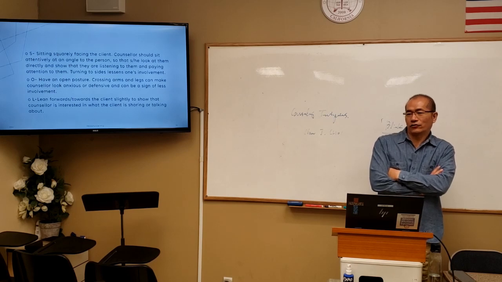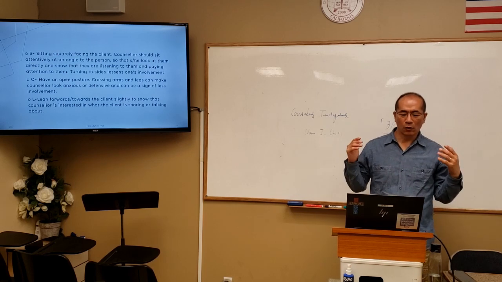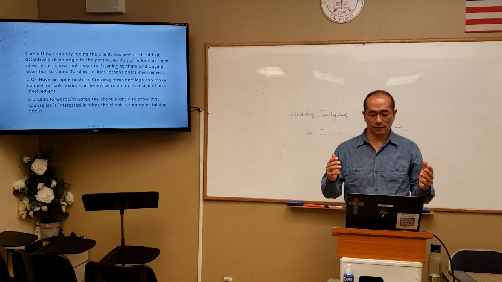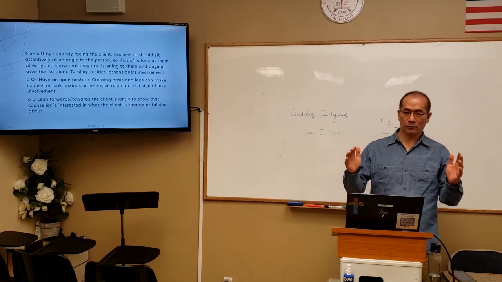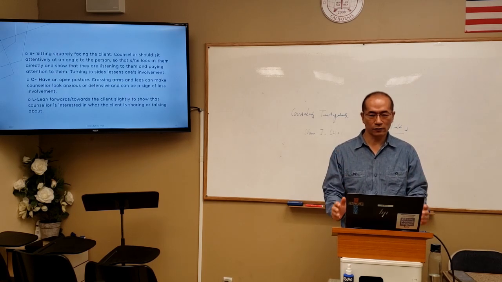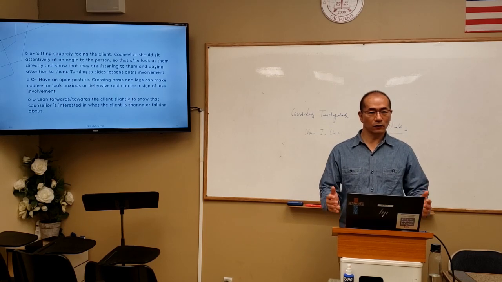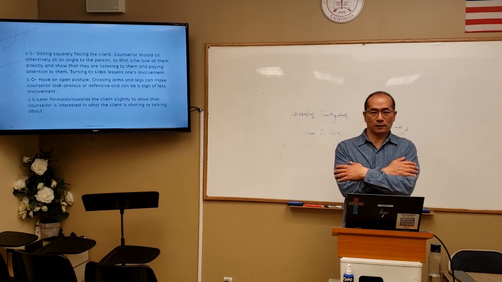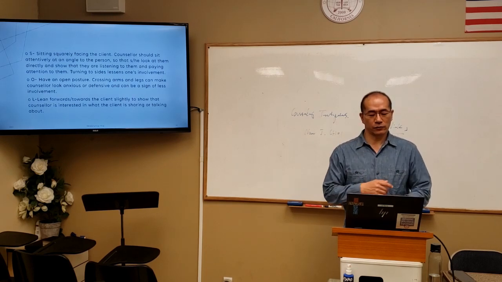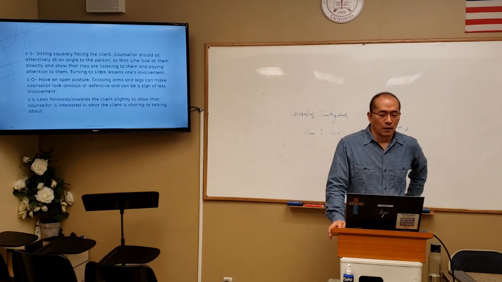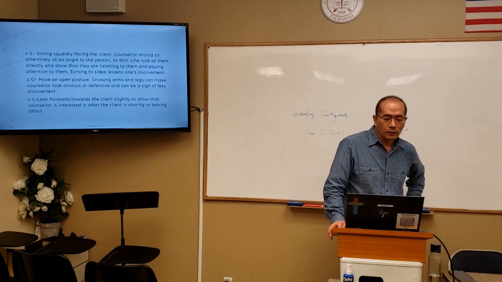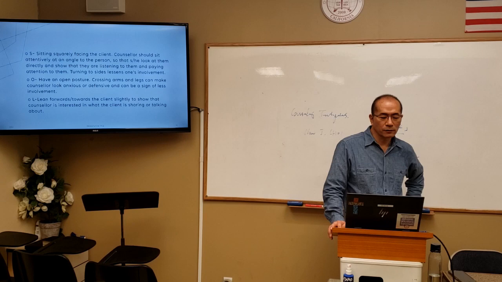Open posture means that when you are sitting at a table, you put both hands on the table, sit squarely, and keep an open posture, no closing. Crossing arms and legs can make a counselor look anxious or defensive, and can be a sign of less involvement.